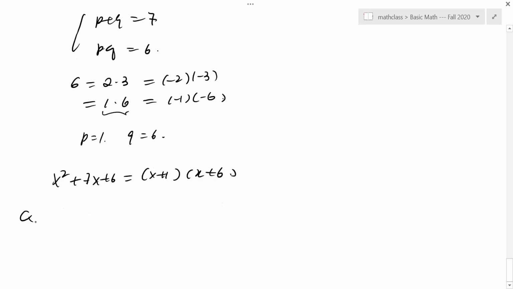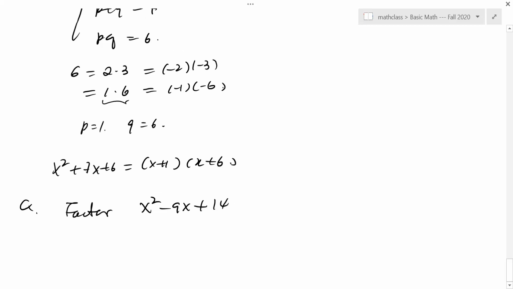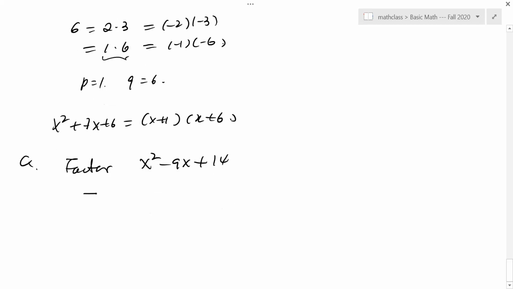Okay, so here's another one. Factor x squared minus 9x plus 14. This can be written as a product of two linear terms.